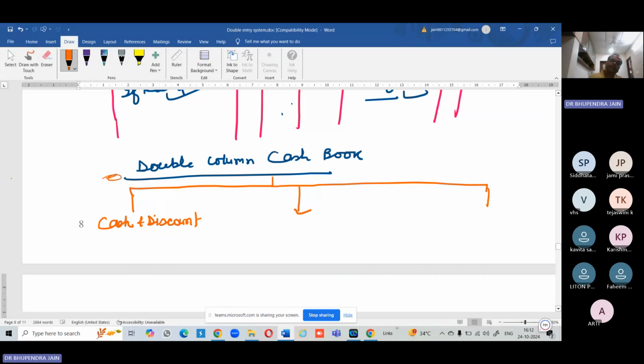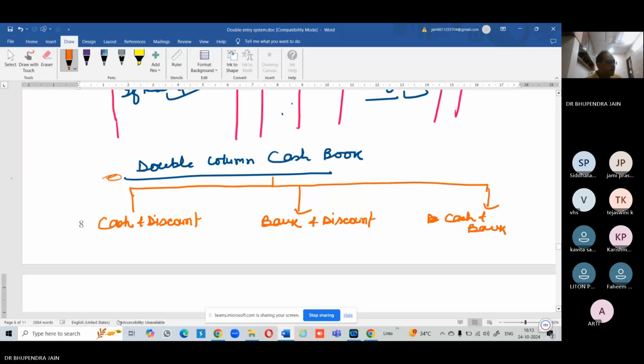In the second category, one column is bank and another column is discount. And in the third category, the book has one column of cash and another column of bank. So the double column cash book is divided into three types.